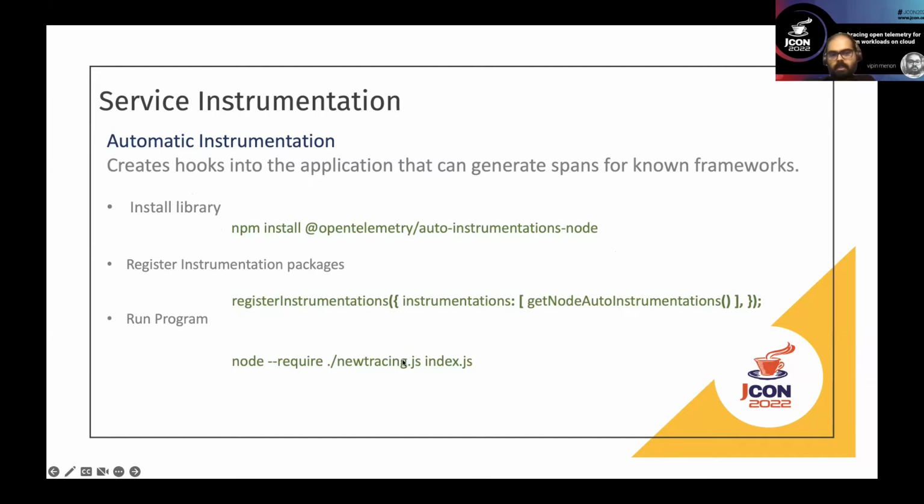You will just be creating a new file, and let's assume index.js is your application, and this new tracing.js is your OpenTelemetry code. You will just make some imports, register a few instrumentations, and run it with your application. That's it. The data starts coming in from your application. So we will see this in the demo.